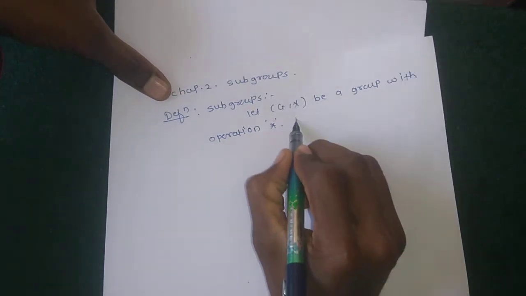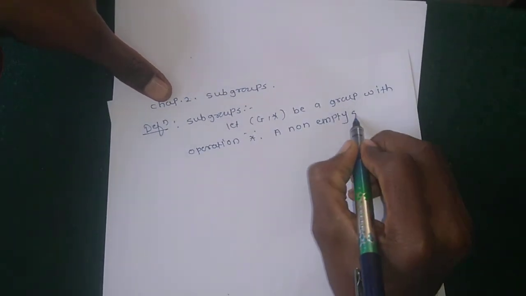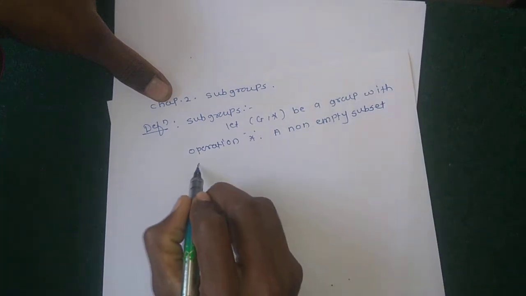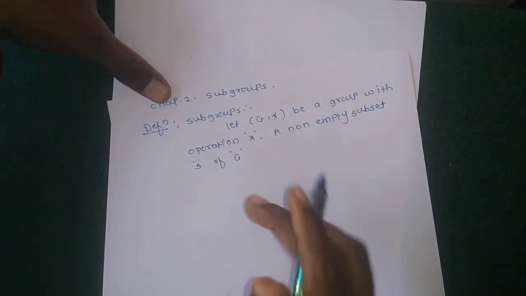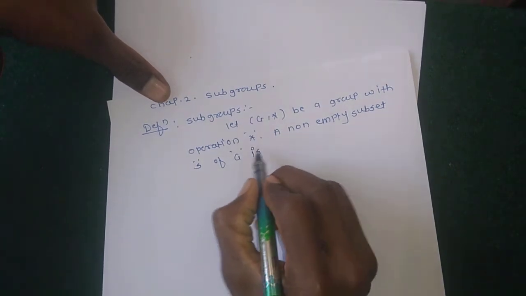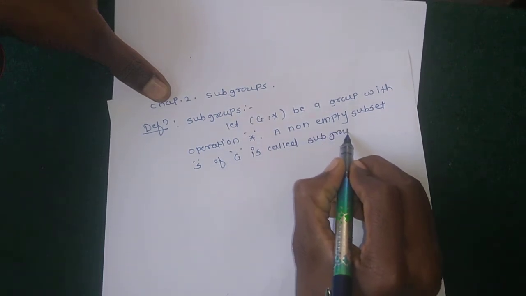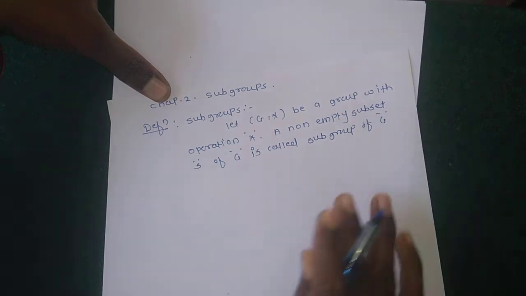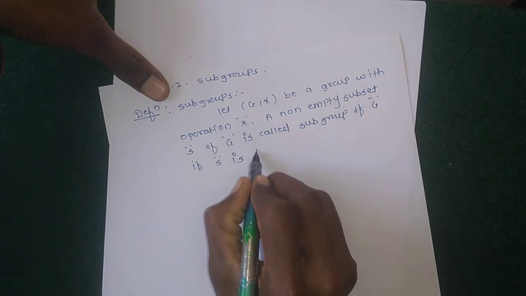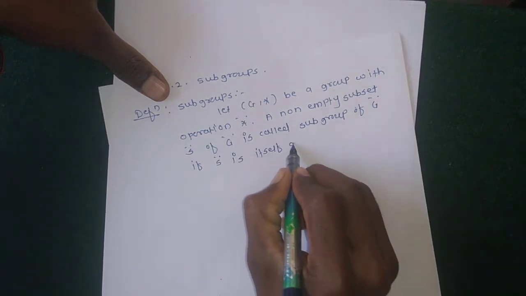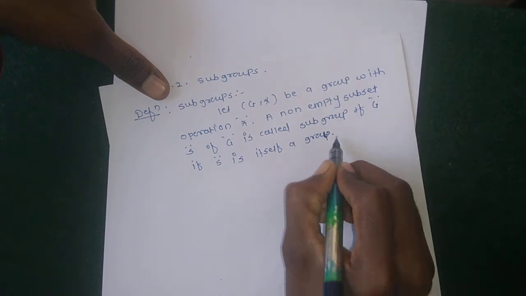A non-empty subset S of G is called a subgroup of G if S is itself a group. Okay, this is the definition of subgroup.